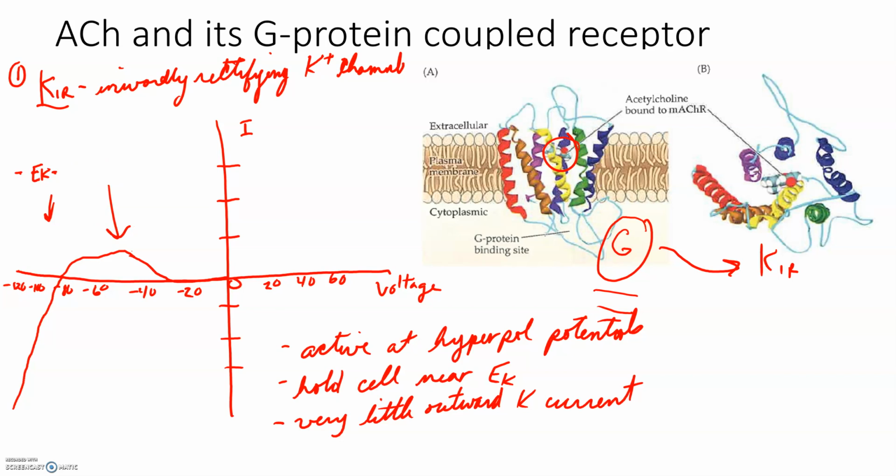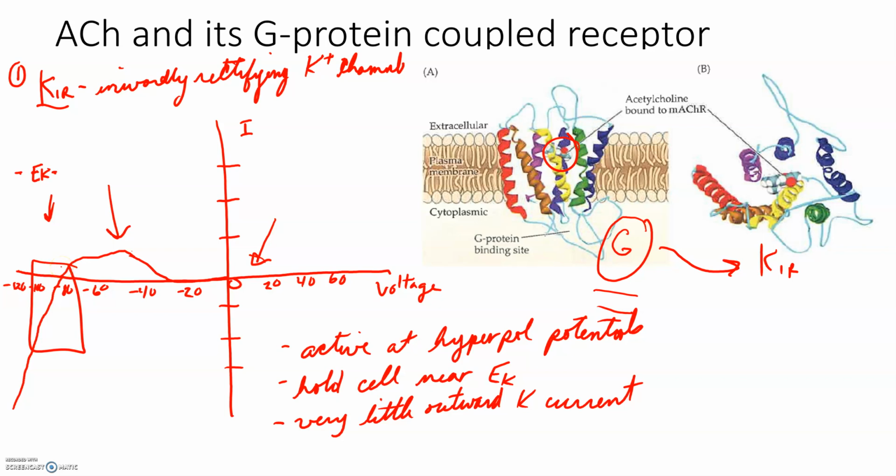And by the time we get to these very depolarized voltages out here, there's basically no permeability, no conductance of these channels, and as you can see, no current that passes. So that's how it mediates its inhibitory effect. It basically locks the cell in this state, holding the cell near EK in a pretty hyperpolarized potential.